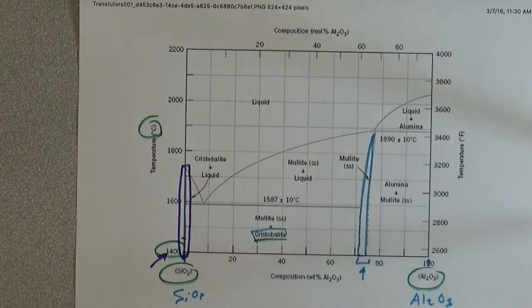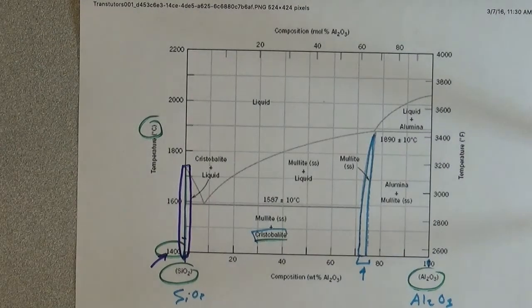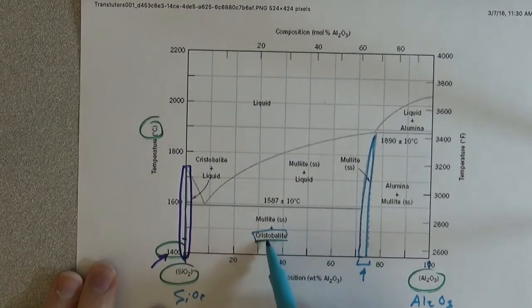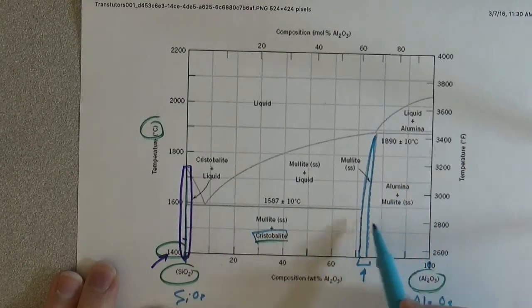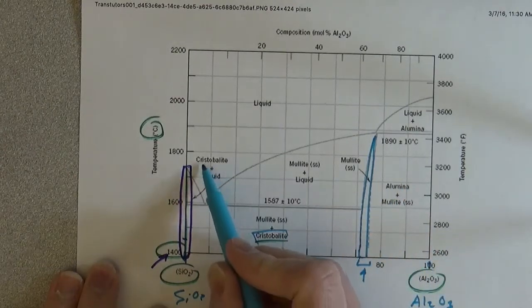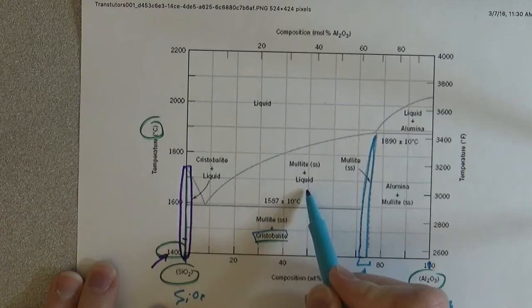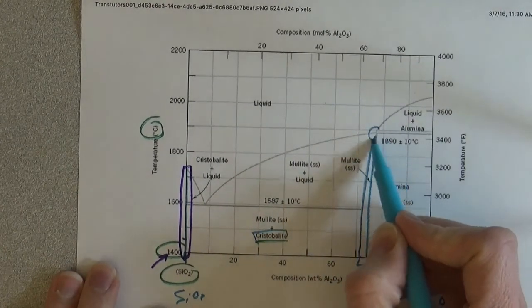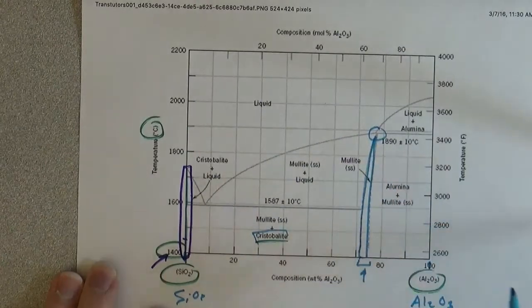Or the mullite, I should say, can have a range of compositions. And then here we have a 2-phase region of mullite and cristobalite, another 2-phase region, and then here we have cristobalite and liquid, mullite and liquid, and here is a peritectic reaction.